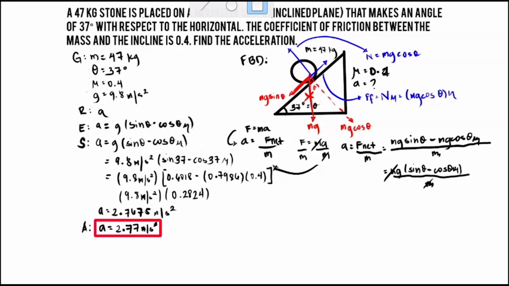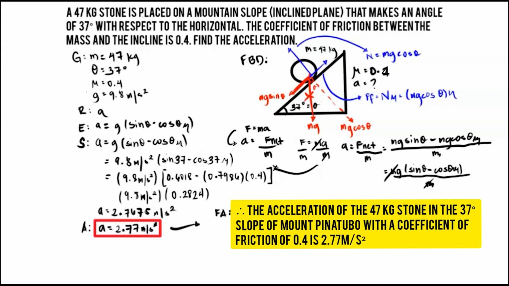And there we go. If you wanna do it, you can also convert your final answer to this. Therefore, the acceleration of the 47 kg stone on the 37-degree slope of Mount Pinatubo with a coefficient of friction of 0.4 is 2.77 meters per second squared.